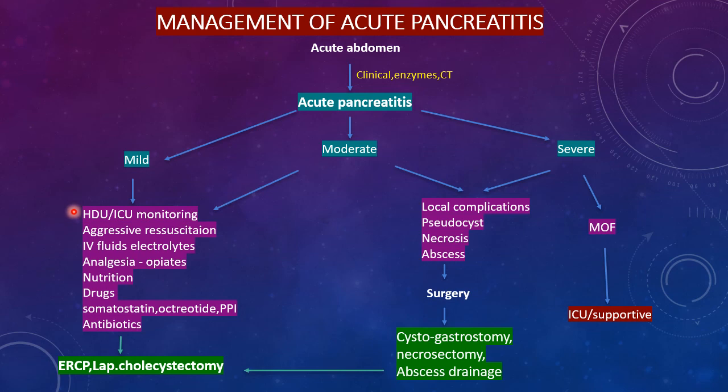So the mild cases, with all this treatment, will recover. Once they recover, you do an ERCP and sphincterotomy to remove the stone, followed by laparoscopic cholecystectomy. This is usually done before the patient is discharged, because if you discharge, another stone can pass down and cause severe acute pancreatitis, which can be fatal.